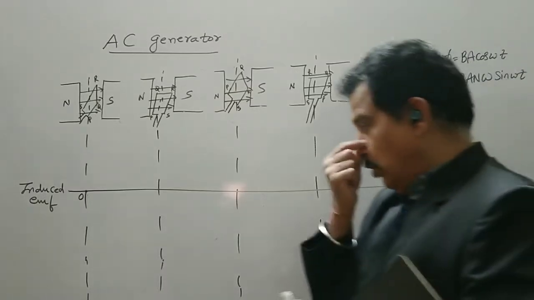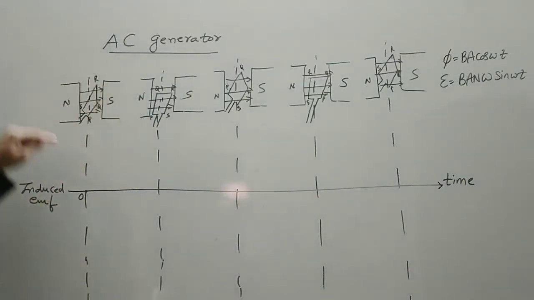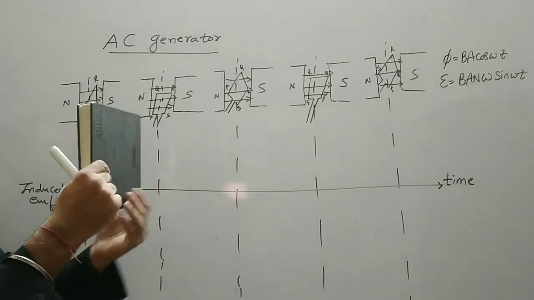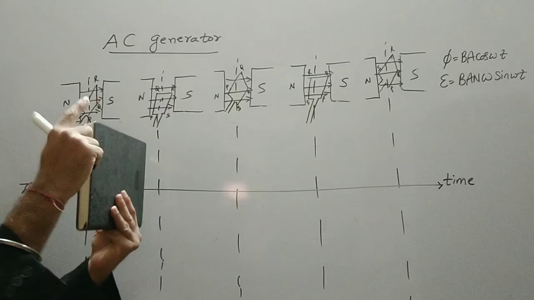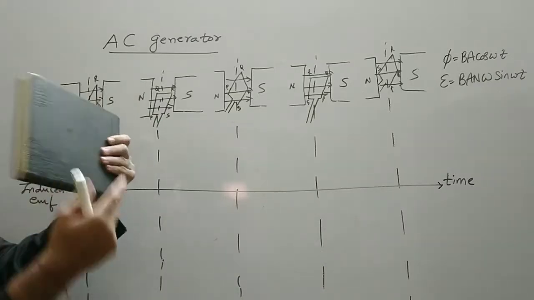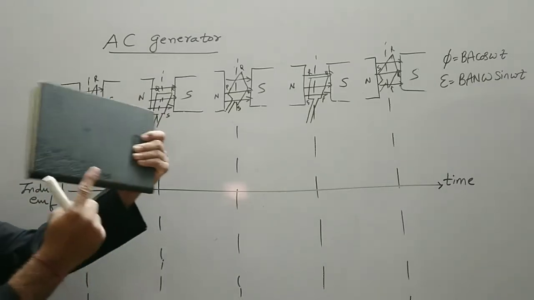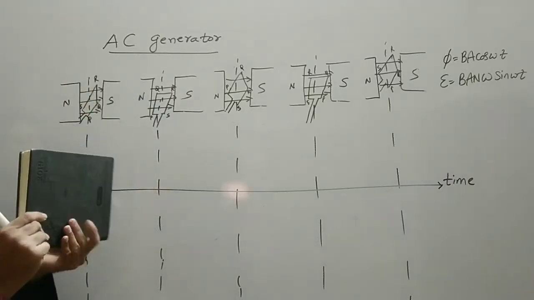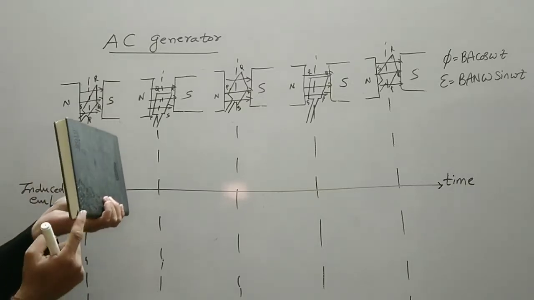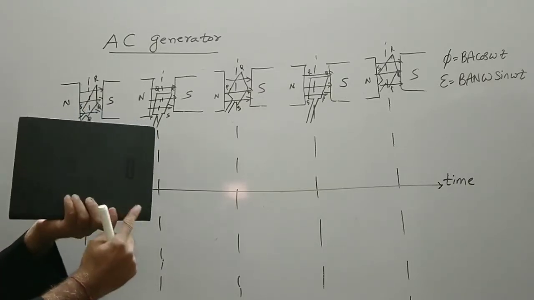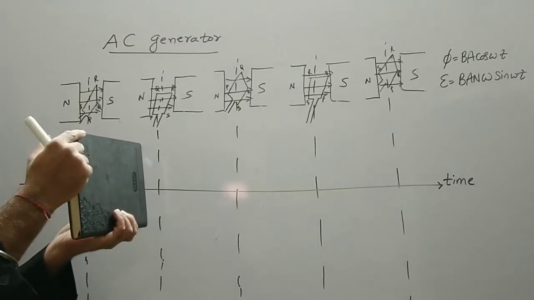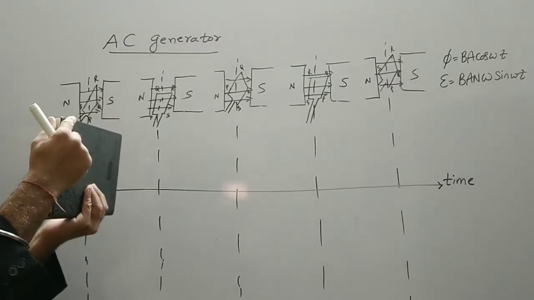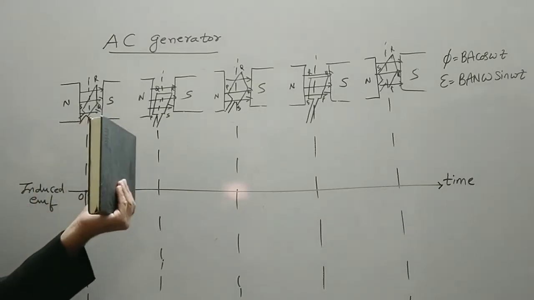Let us see the graph of induced EMF. Now see the initial situation. Now you have to consider the coil like this. This is your point R, this is your S. So P, Q, R, S. This is the initial situation.